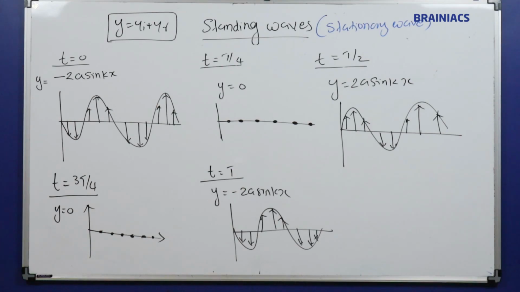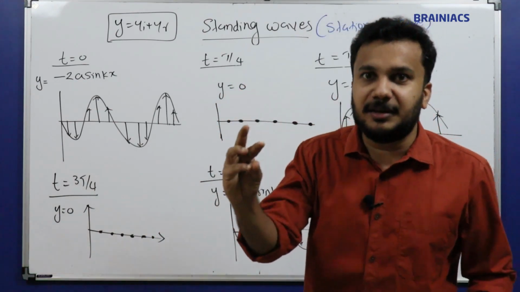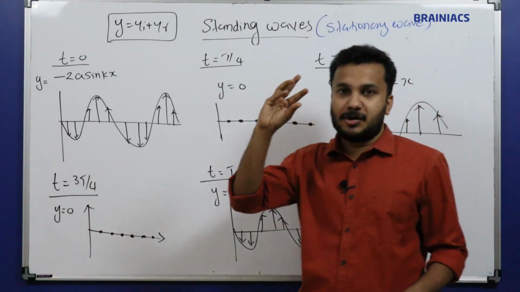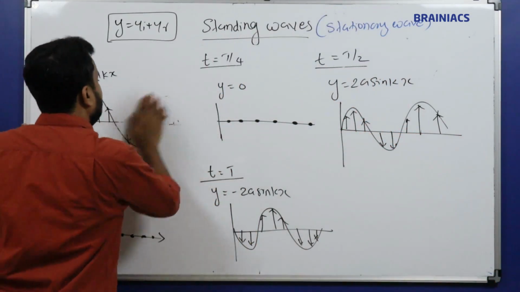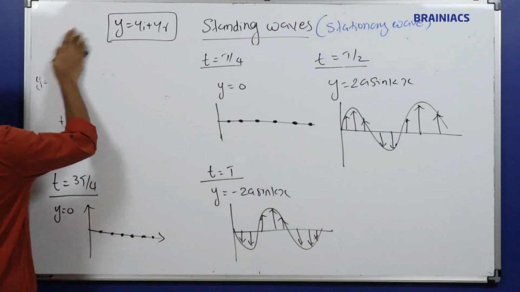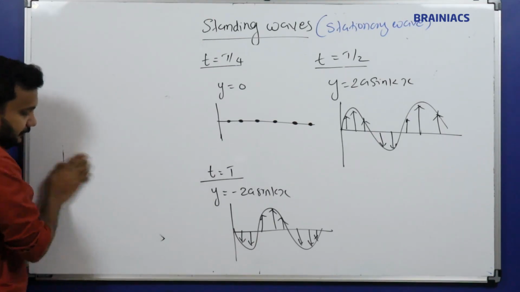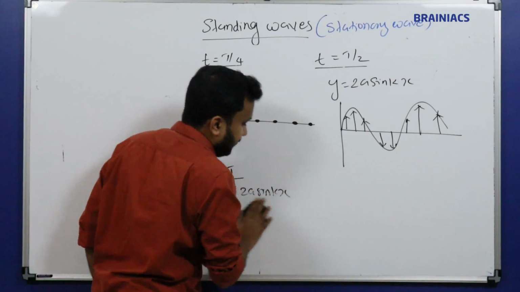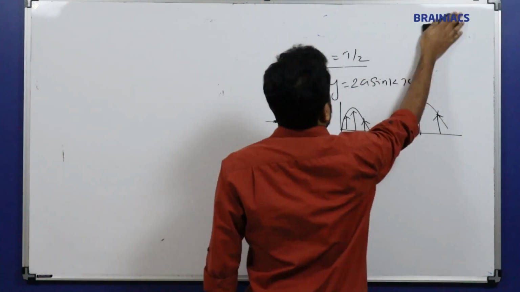Standing waves are actually the superposition of two waves. I hope you got the physical meaning of standing waves. Now we'll do some mathematical work related to standing waves, and based on that we can do some questions.